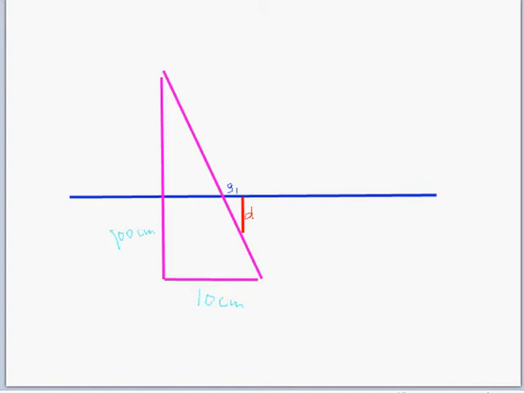So first of all, here's a right angle, here's a right angle. So this and this are each 90 degrees. And this angle here is the same as this angle here. We've said that in a previous lecture.